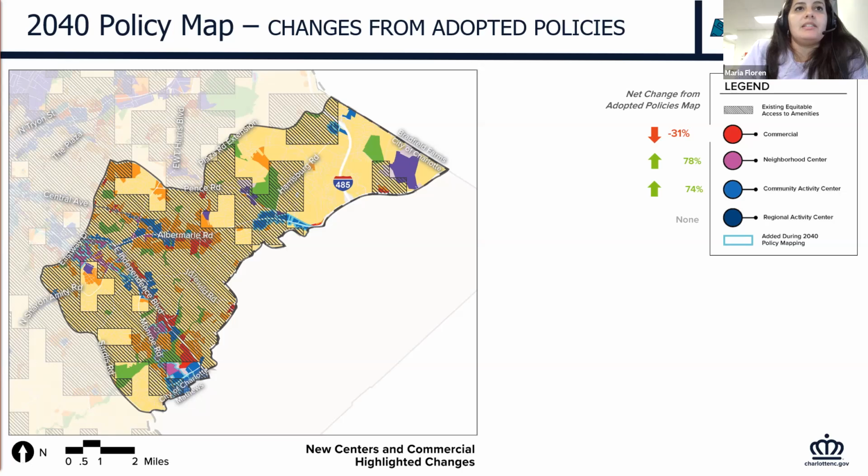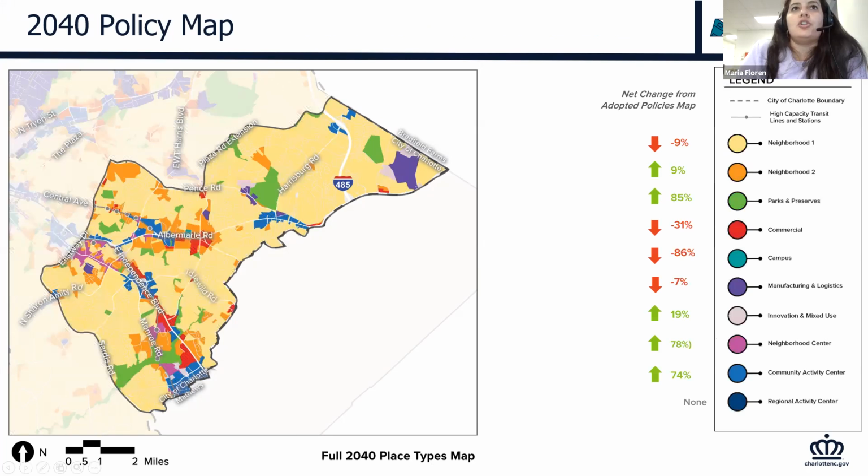In some areas, these place types were already mapped based on adopted policies, and the areas shown in blue show those additional areas that were mapped. And with that, this shows the complete 2040 policy map with all of the place types included and the changes from the adopted policies map.